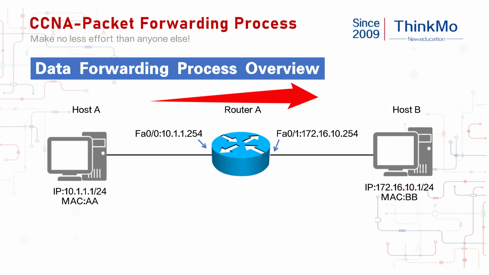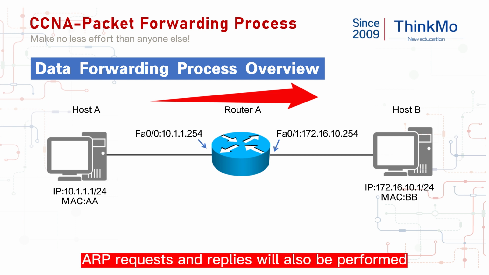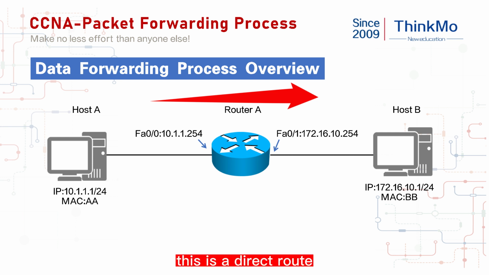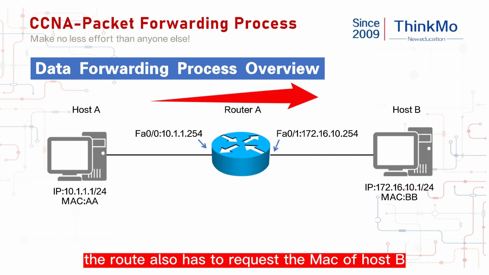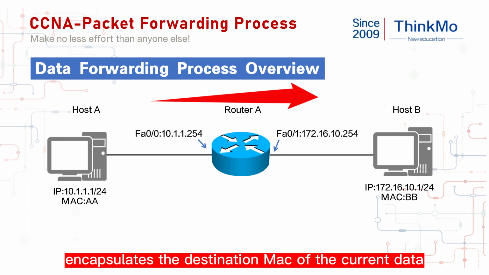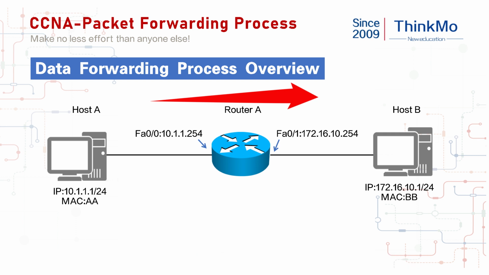Of course, ARP requests and replies will also be performed. The router receives the ARP request and replies to host A with its own address. It queries the routing table. This is a direct route. When sending, the router also has to request the MAC of host B. You will find that when encapsulating data, the MAC address encapsulates the destination MAC of the current hop.